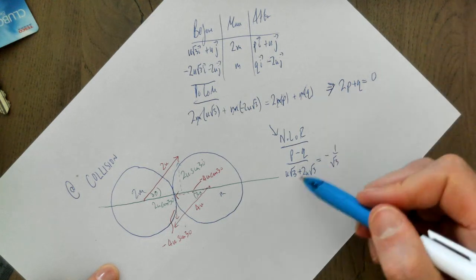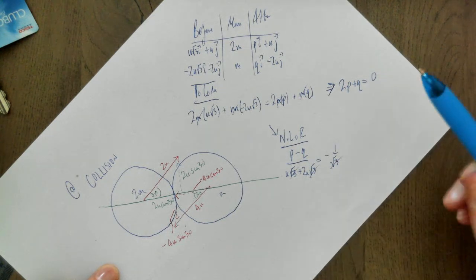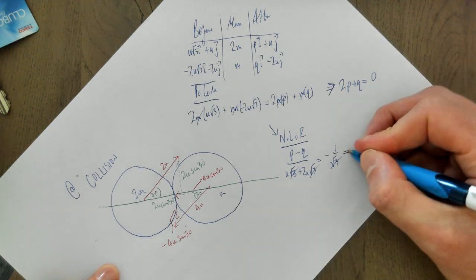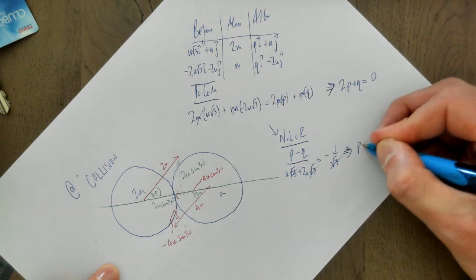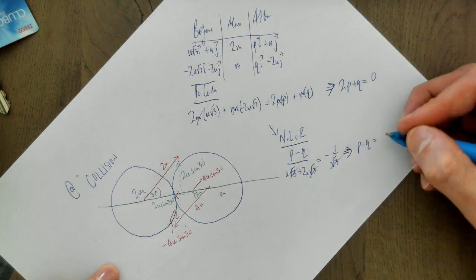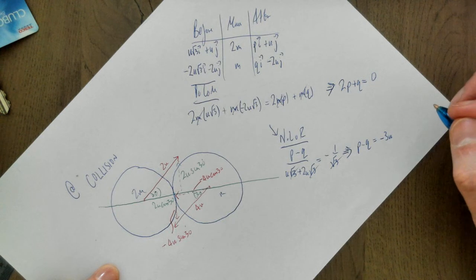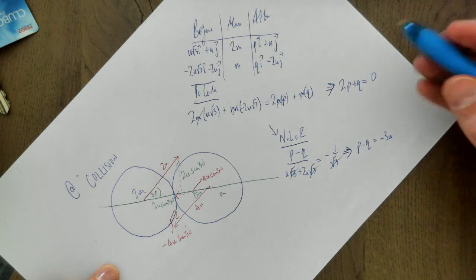So these cancel. That's 3u at the bottom, let's bring that up. So I get from there p minus q is equal to minus 3u. Let's check that. Yep, that's right.